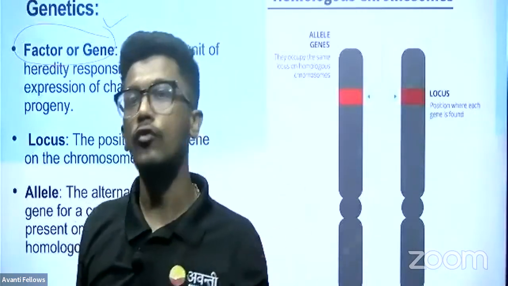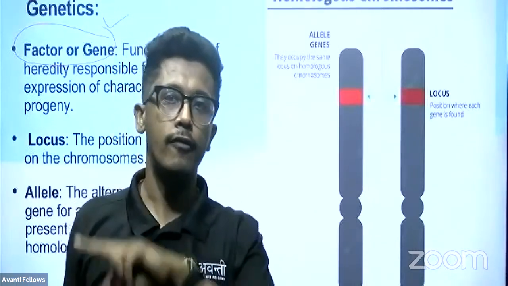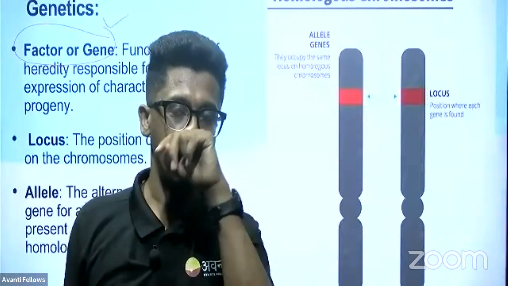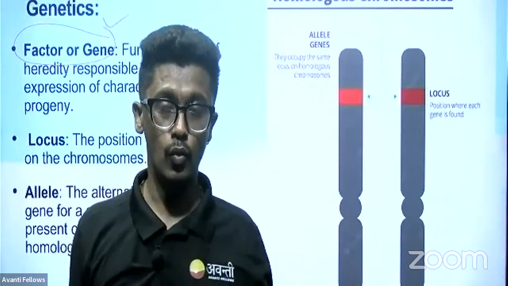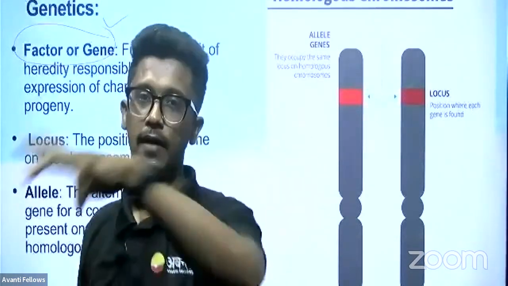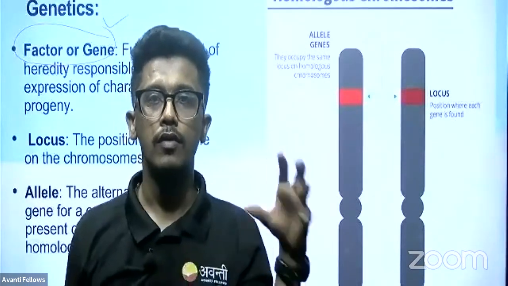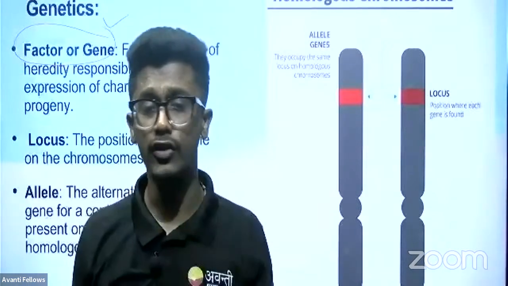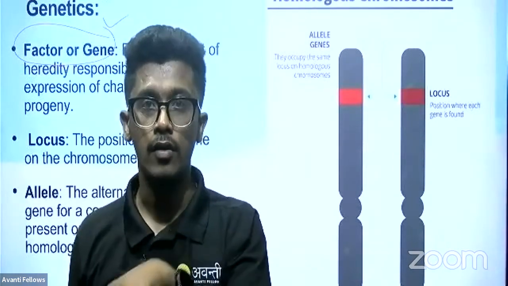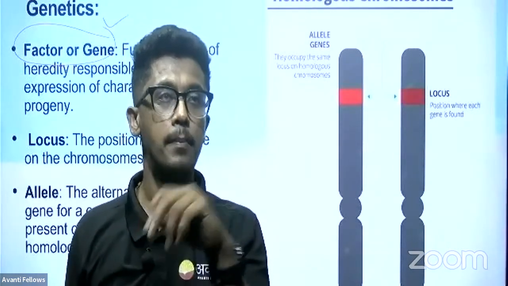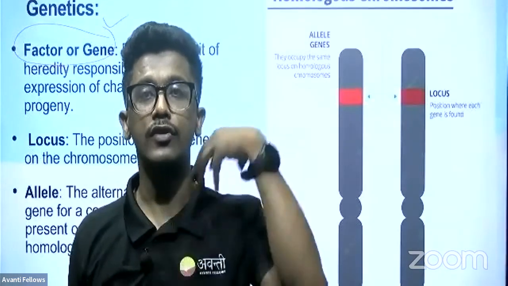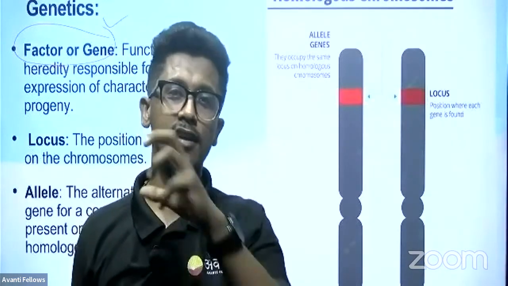When two factors of the same character are crossed with each other, one of the factors gets expressed, the other does not. Now people are confused. What are they talking about? When the two genes coding for the same character are crossed, one of the genes gets expressed, the other gets repressed.